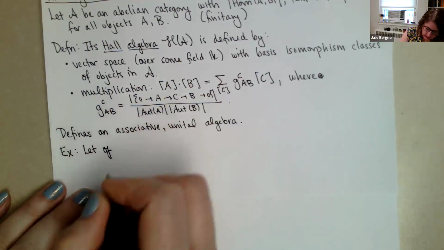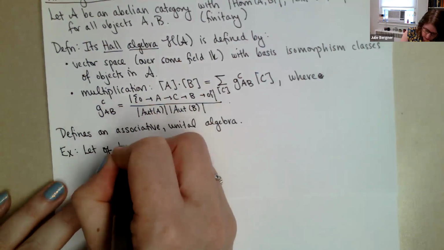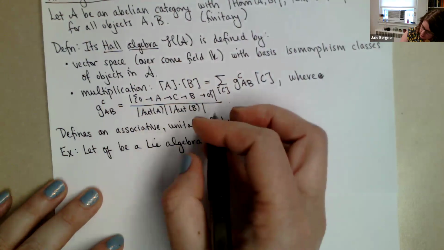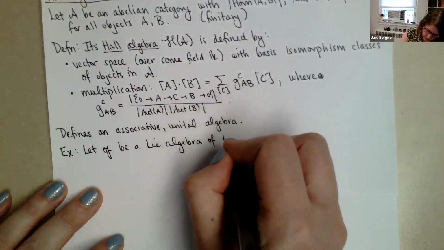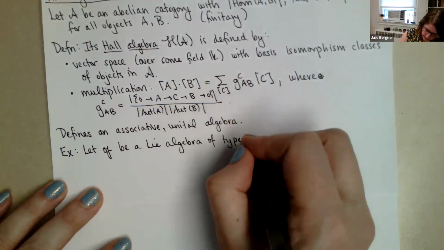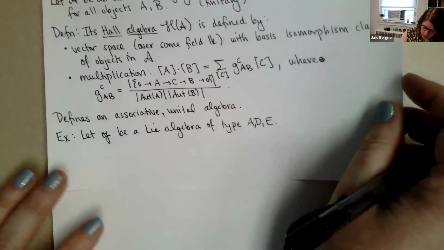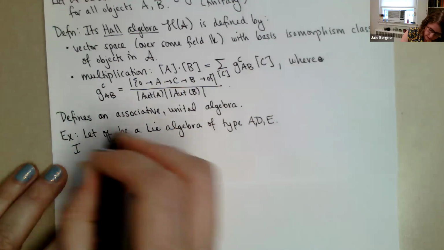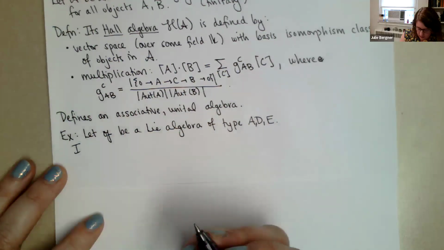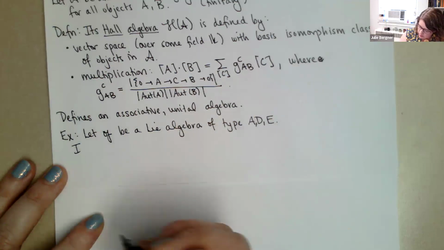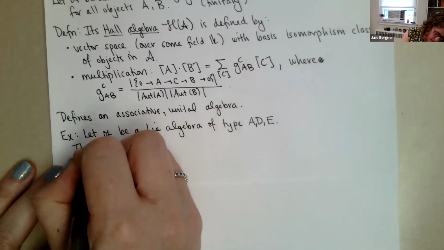So we're going to take a Lie algebra, g, and we'll assume this is of what are called simply laced type A, D, or E. And the types are described in terms of their associated Dynkin diagrams.